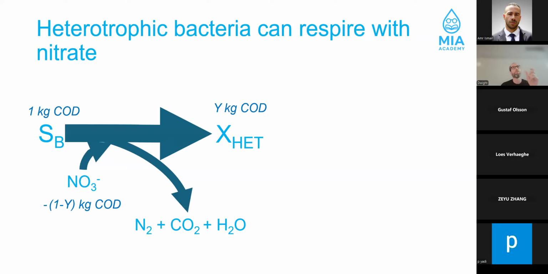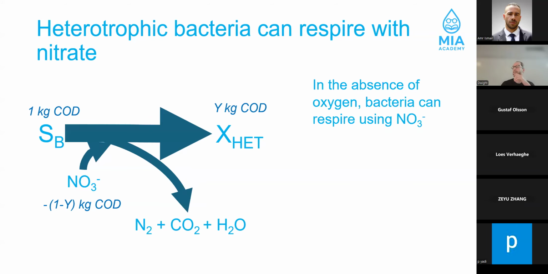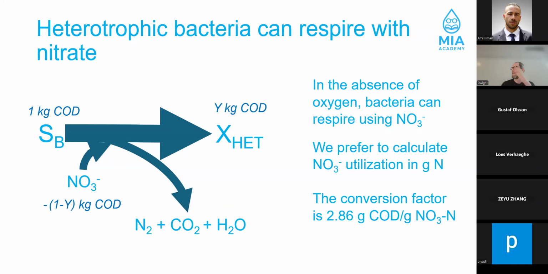Now that's a little bizarre because we don't typically think about nitrate in COD units. We're more likely in the laboratory when we measure nitrate to measure them in units of grams of nitrogen. So what we do then is we apply a conversion factor, and the conversion factor is in fact for every gram of nitrate as nitrogen, the equivalent number of grams of COD is 2.86 grams of COD.